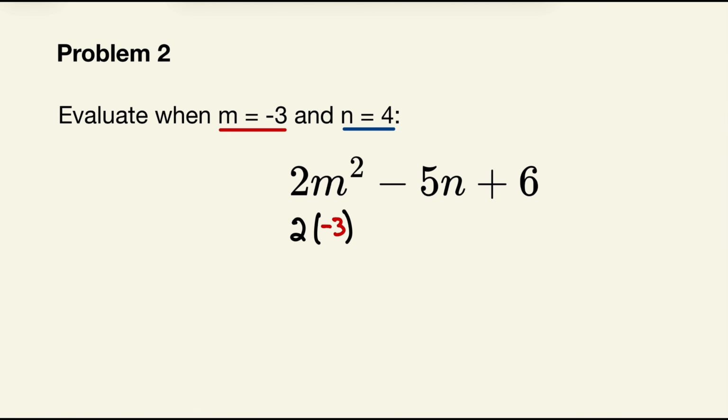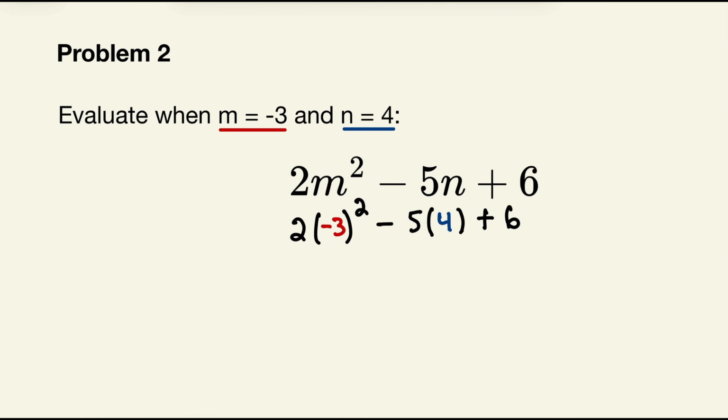And don't forget that is being squared. -5 times n is given to us as +4 plus 6. Now, -3 squared becomes positive, so just recall that because a negative times a negative is a positive.